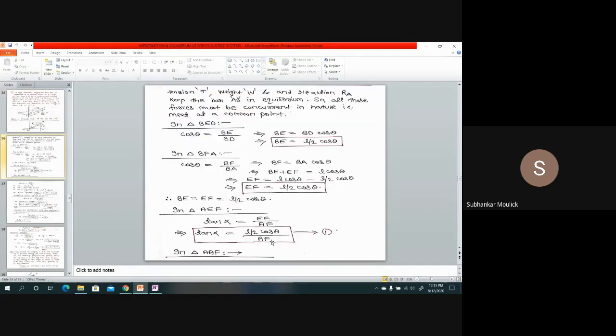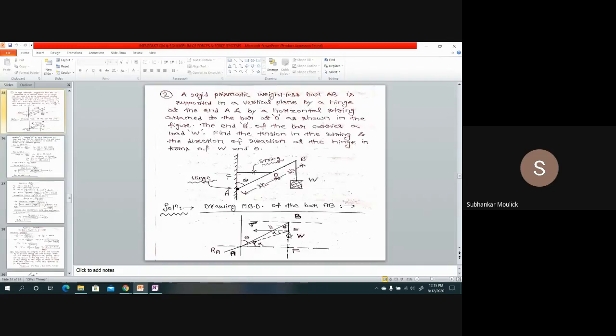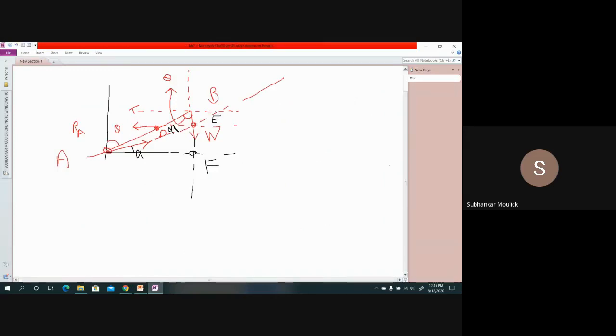So if I use equations of equilibrium at point E, how can I write? So at point E, this is point E. At point E, this is your RA. If this angle is alpha, then this angle will also be equal to alpha. Will it be or not? And this is your RA, this is nothing but your line of action of RA.